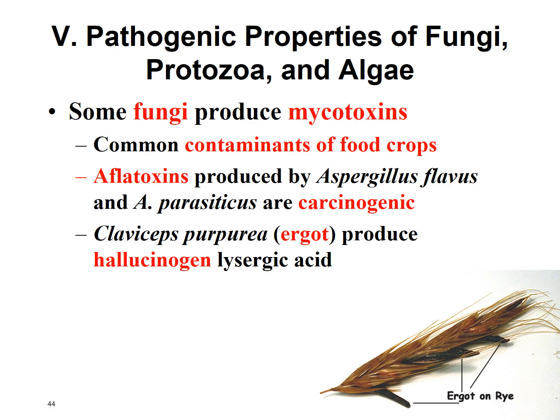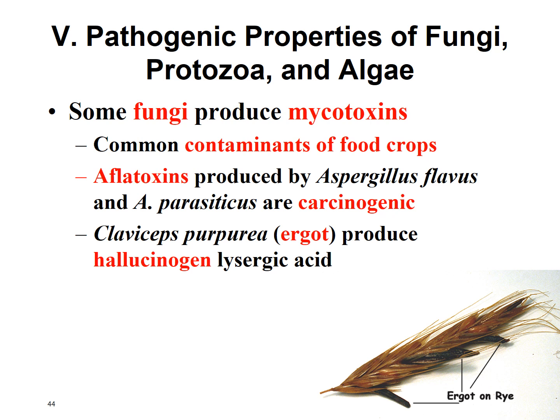Okay, so looking at fungi, some of them are able to produce mycotoxins. We often find these as contaminants of food crops. There's a mold called Aspergillus that will produce aflatoxins. The aflatoxins are bad because they're carcinogenic, so they can actually cause liver cancer. There's another fungus that will produce what's called ergot.